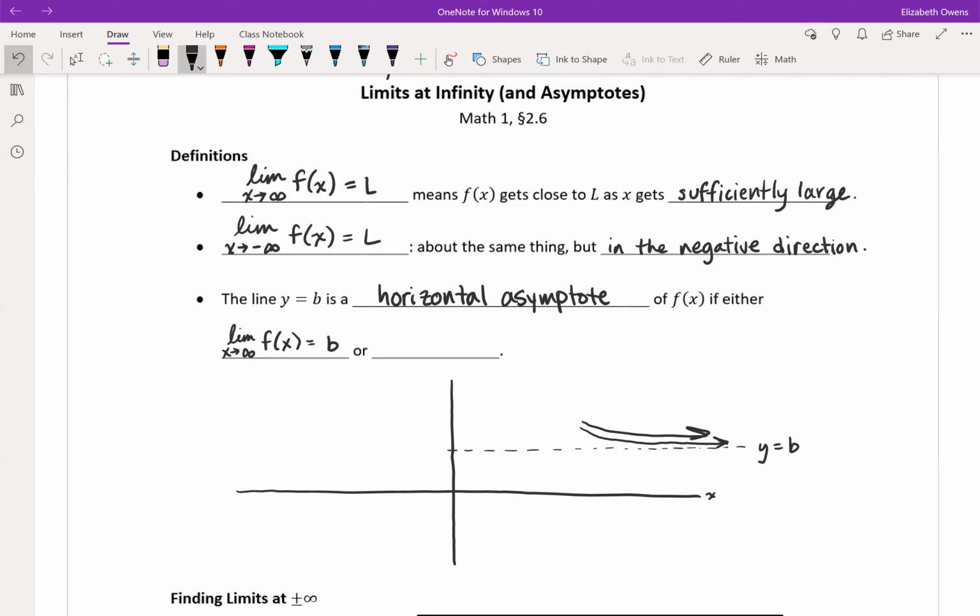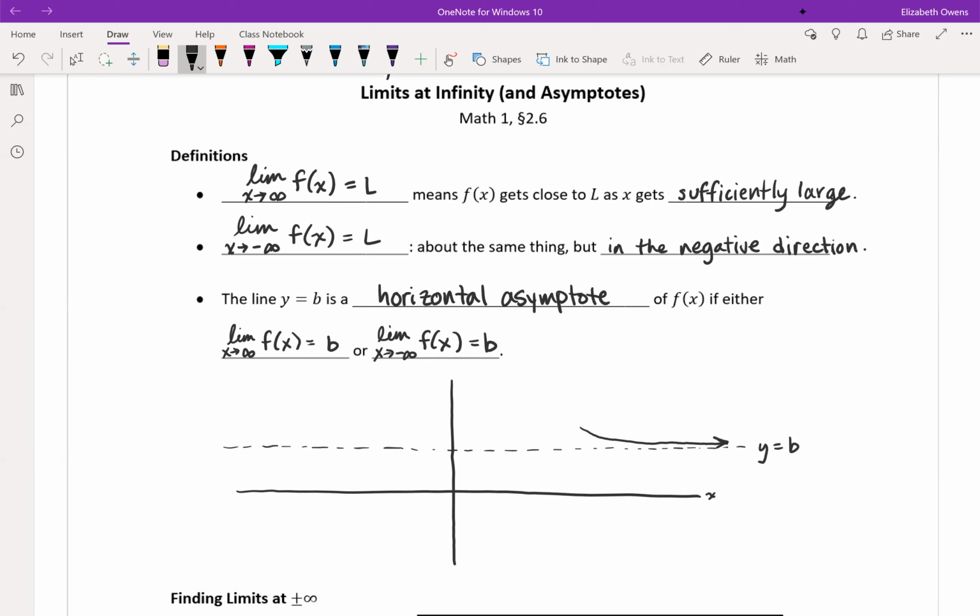So it's approaching that horizontal line there. Or we could have that same thing happening in the negative direction, okay? Limit as x approaches negative infinity of f of x equals b. If either one of those are true, then y equals b is a horizontal asymptote.